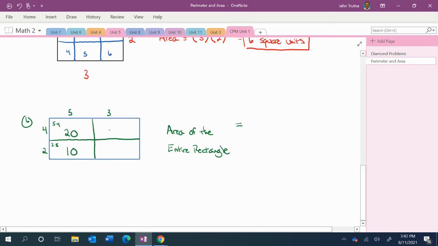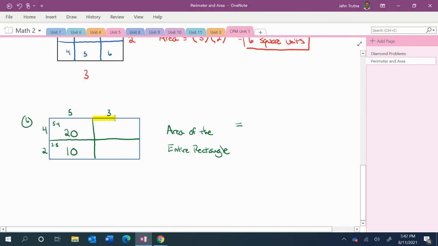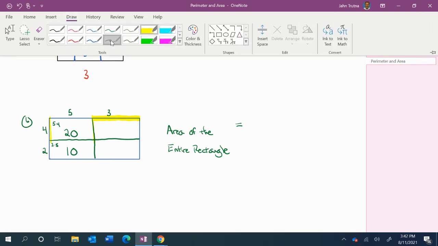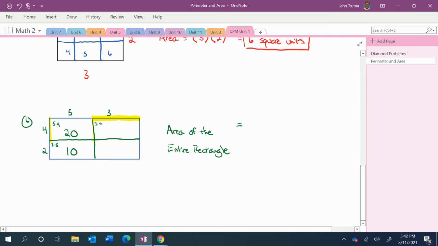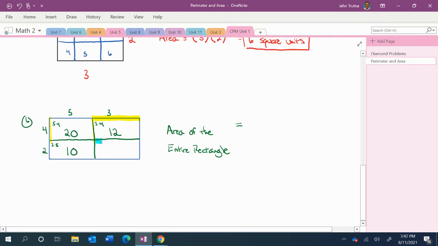To find the area of the top right rectangle, you would go, okay, well, that side is 3, the left side is 4, get it? And 3 times 4 is 12. Therefore, the top right rectangle has an area of 12. The same idea goes for finding the area of the smaller right rectangle. This top part here is 3, and the left side is 2 because it matches up with the 2 over there.